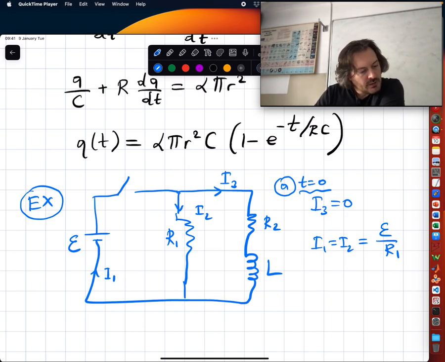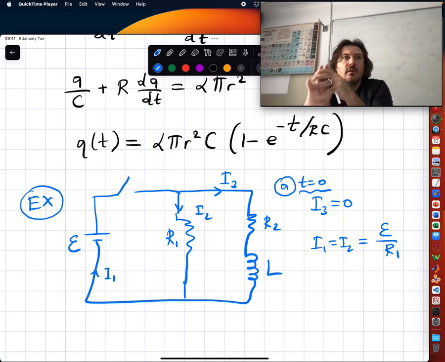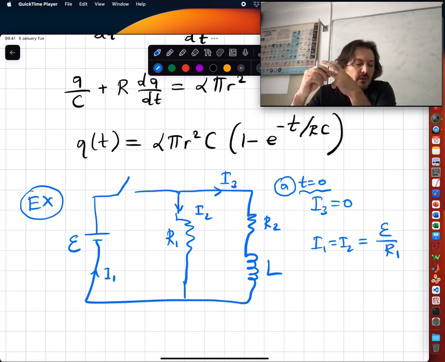What are I1, I2, I3 after S has been closed a long time? Well, L is out of the page. Now L is acting like a wire. Remember, after you wait for long enough time, inductors act as wires while capacitors act as circuit breakers.